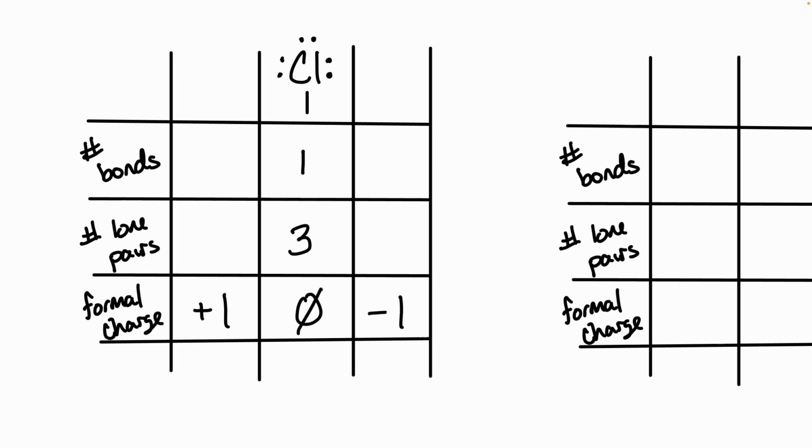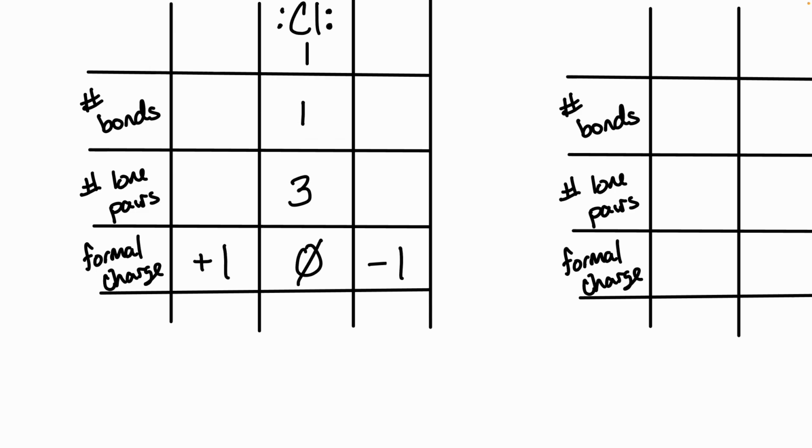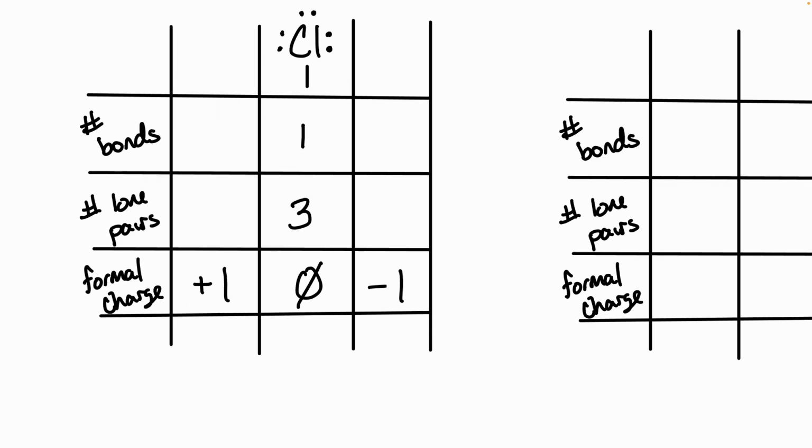Yeah. So, for example, chlorine, when it has 3 lone pairs and 1 bond, is that its most natural state? That's its most stable state, when it has a formal charge of 0. All these bonding patterns that we discussed at the beginning, when we said it likes to have, what we were really saying was that's when it has a formal charge of 0.